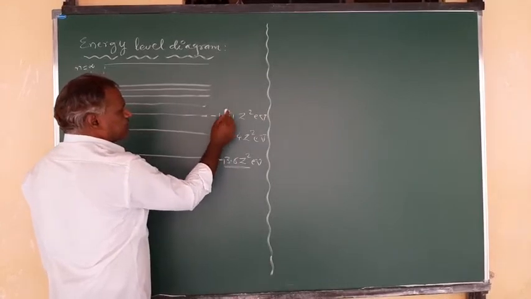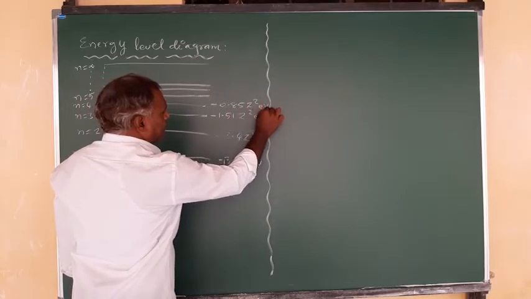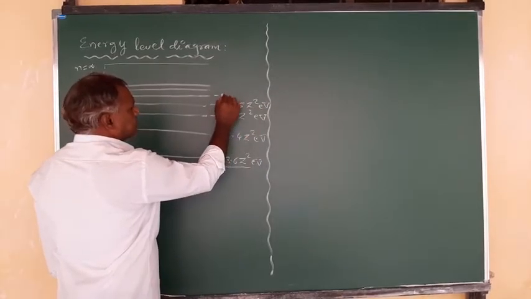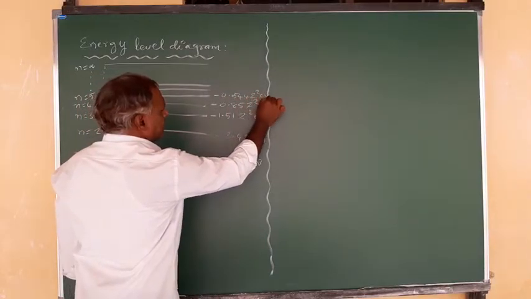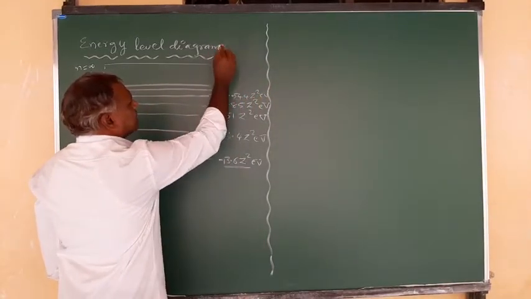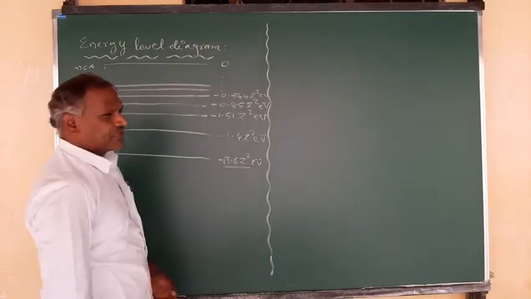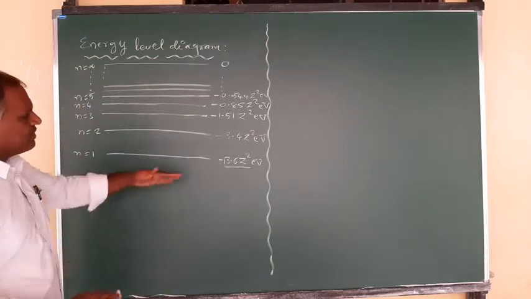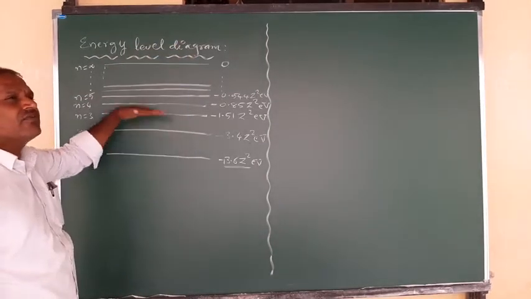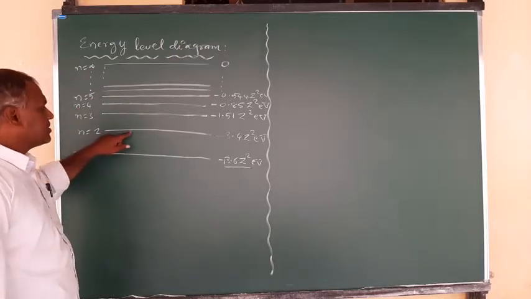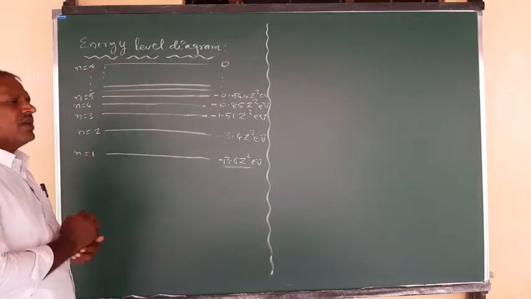Next, minus 0.85 Z square electron volts. Next, minus 0.544 Z square electron volts. It goes on like this, and at the end it becomes 0. So these are the values of the energy of the electron in the different states: the ground state, first excited state, second excited state, and higher energy levels.